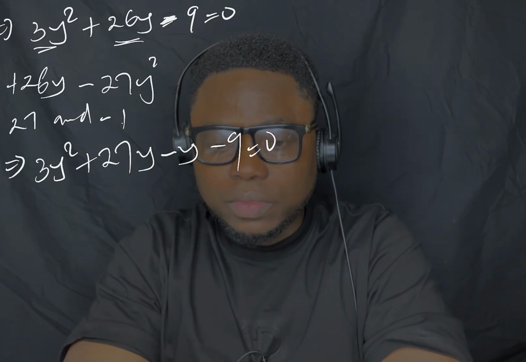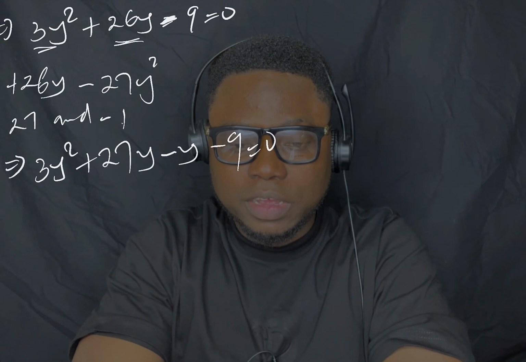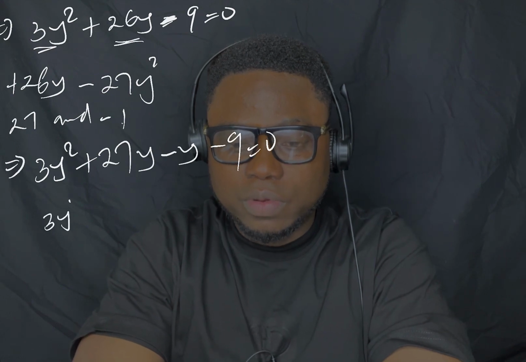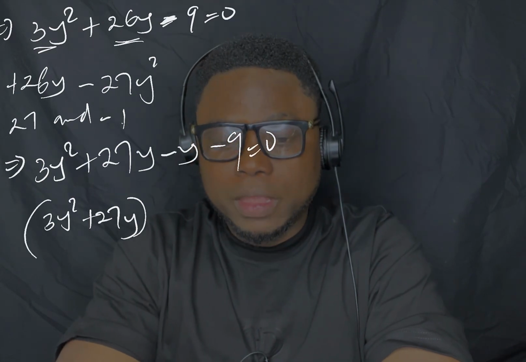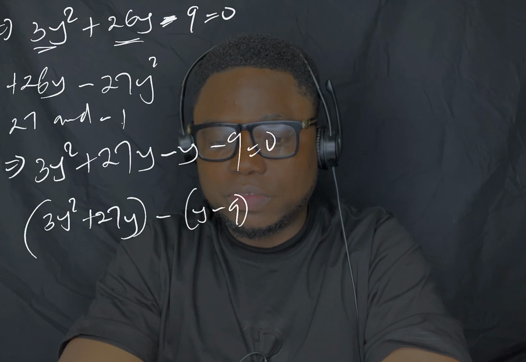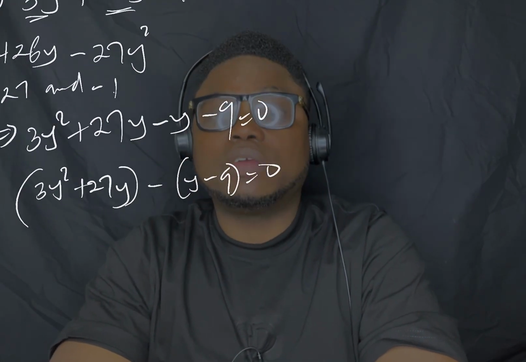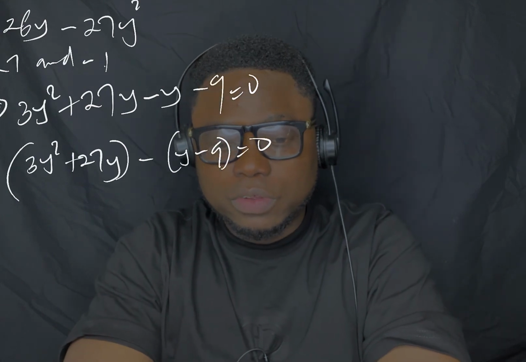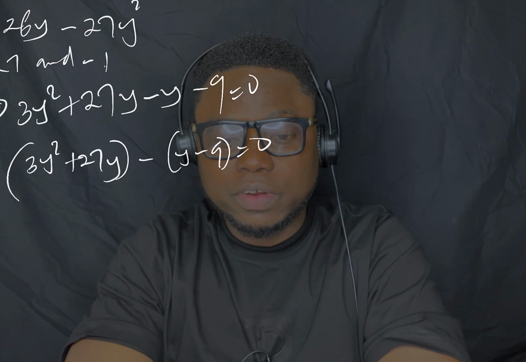So the next thing to do is to factorize. I'm going to put brackets. I'm going to write 3y squared plus 27y in brackets, then minus, then I'll put brackets y minus 9 is equal to 0. So this is how to factorize a quadratic equation. So the next thing to do is to look for something that can divide across 3y squared and plus 27y.